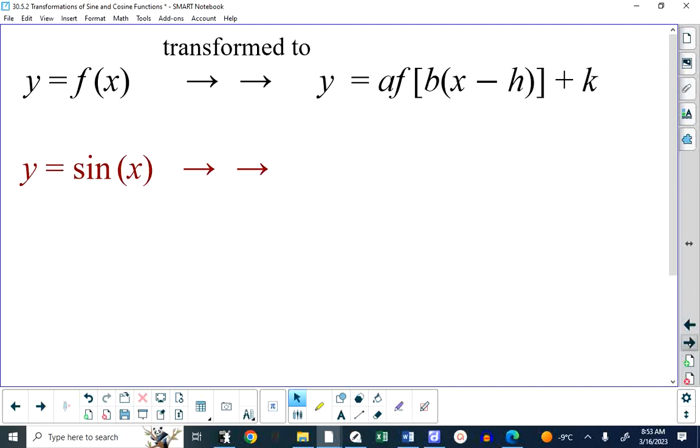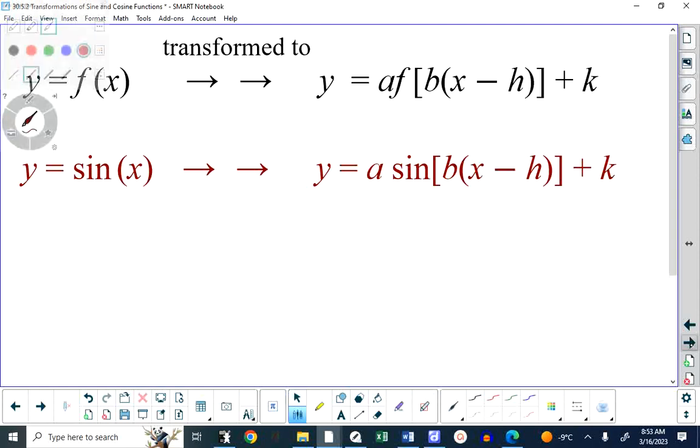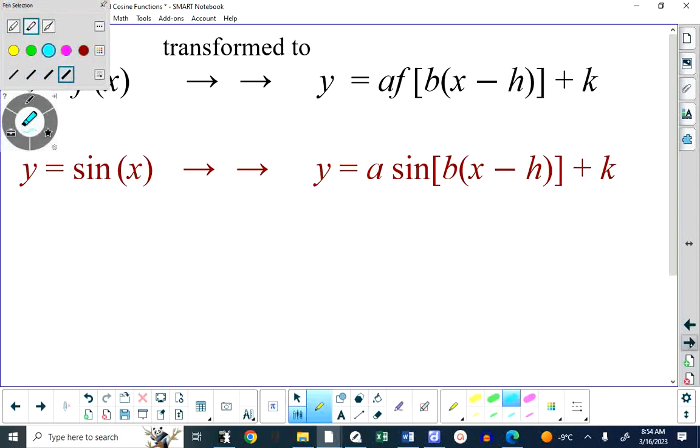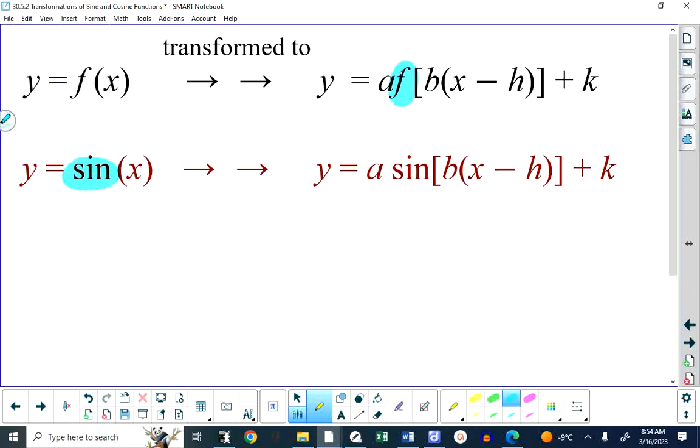Well, f is sine, so you end up with sine of b brackets x minus h. Remember this f up here in the general statement refers to whatever the function operation is. So if it's f of x equals sine x, then sine is f.